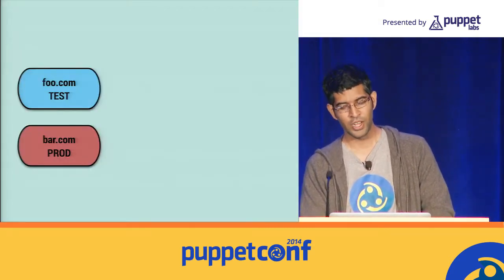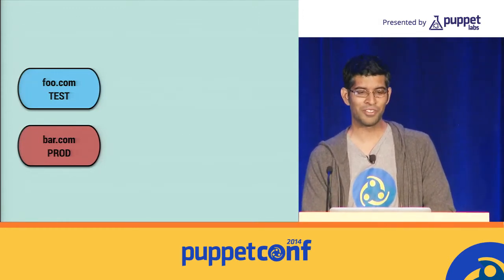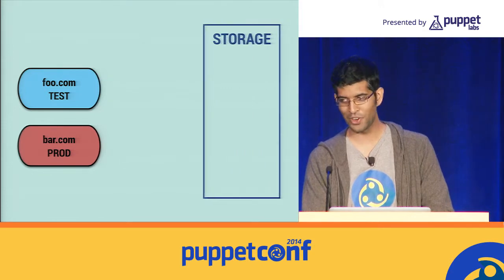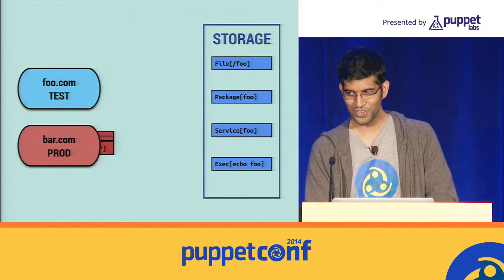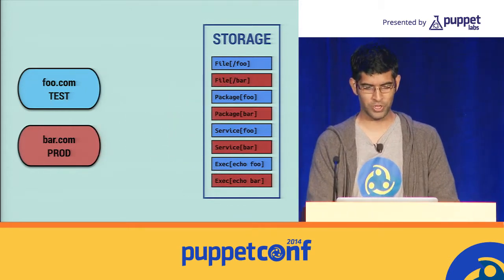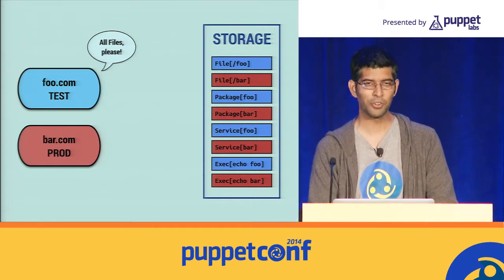Environment support. So I've got foo and I've got bar. Foo is in Puppet environment test. Bar is in Puppet environment prod. Now I've got a bunch of resources that happen to be stored. These are foo's resources, and these are bar's resources, helpfully color-coded. Foo says, I would like all files, please.